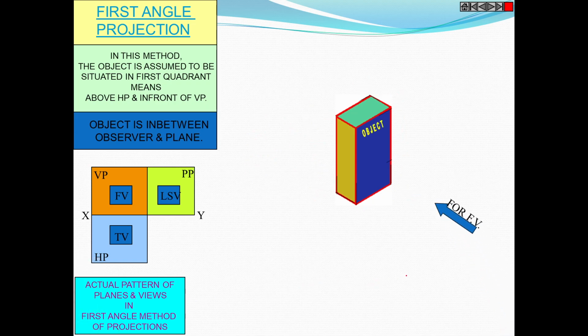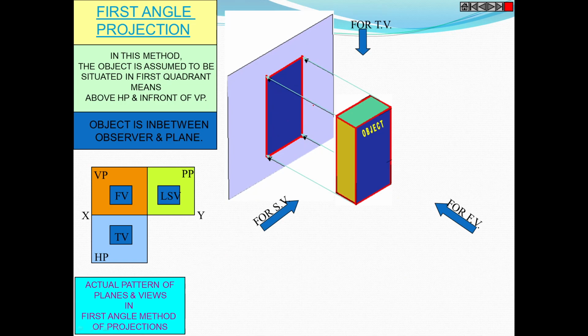So, object and observer for the front view, top view, side view. These are the projections for the front view. You can see these projections are perpendicular to the plane. You are looking for the front view, so the projections are on the vertical plane, which is perpendicular to the ground.